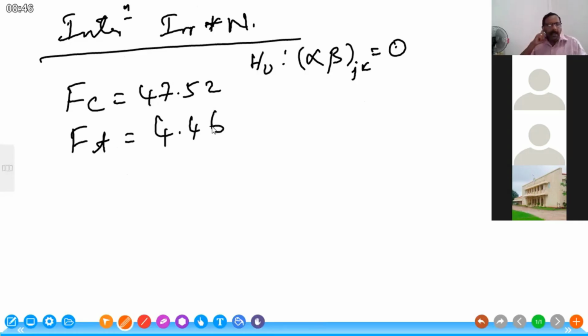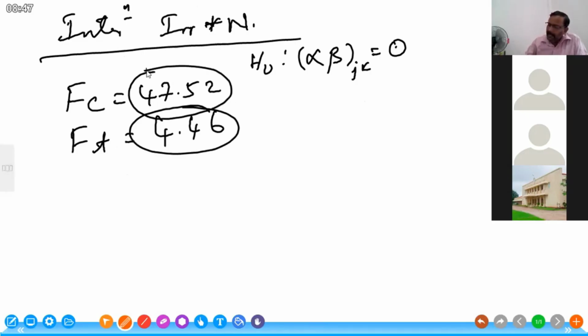Everybody should know how to look at the table value, right? Definitely, once again, this is highly significant. Why? Because the calculated value is much higher than the table value. Therefore, we reject our null hypothesis and accept the alternative hypothesis.